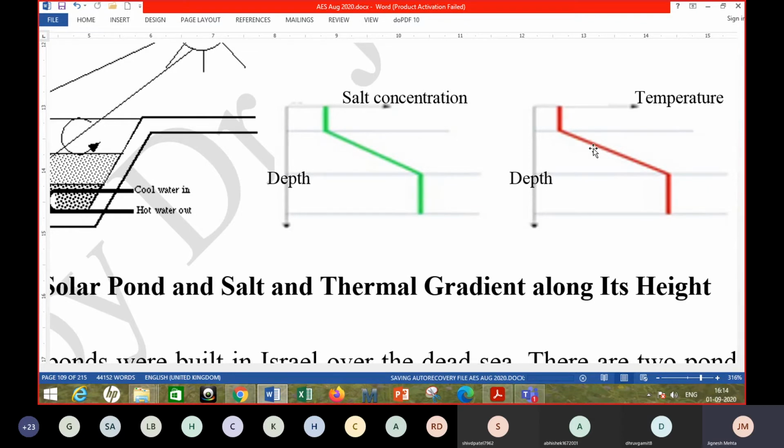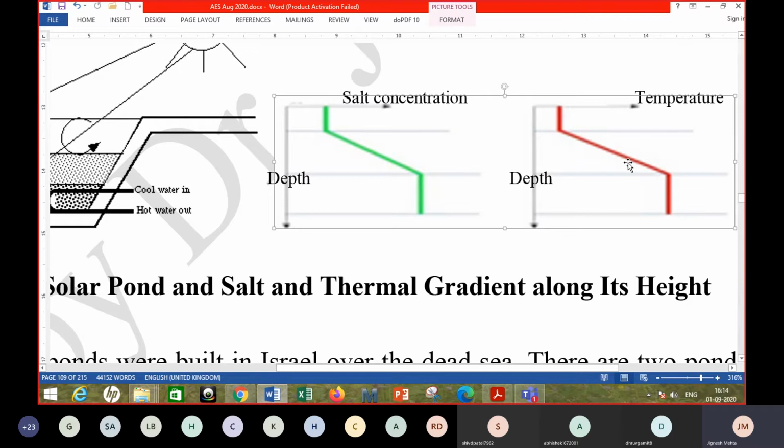Now, why is heat not lost to the atmosphere? What happens is, the intermediate layer gets heated, but the water in the lower layer of that has high salinity, so it has high density. So even if it is getting heated, its density doesn't go down and rise up.